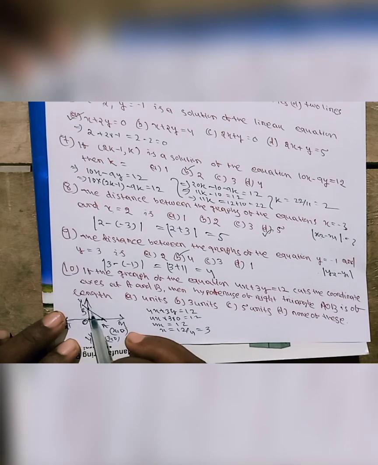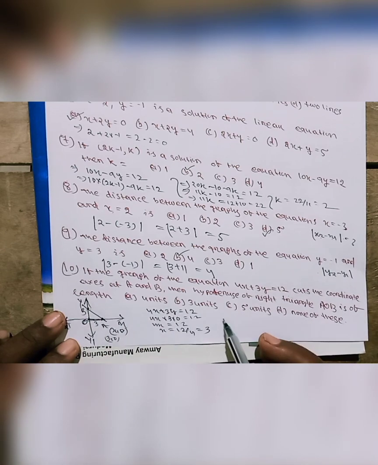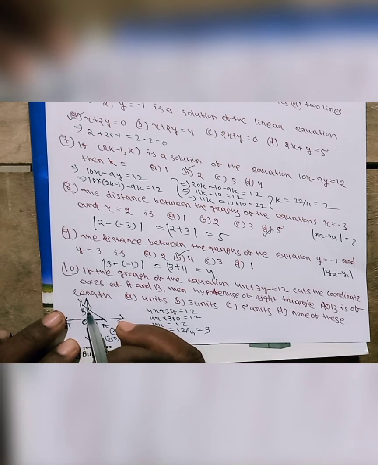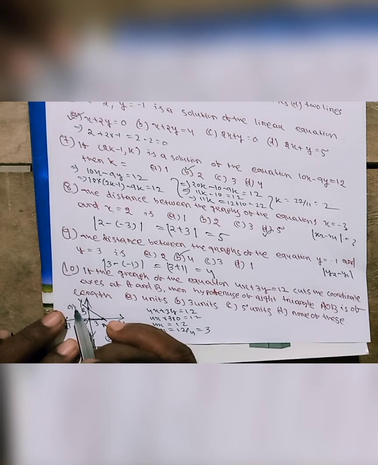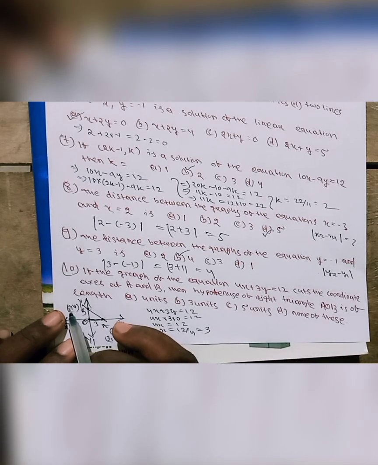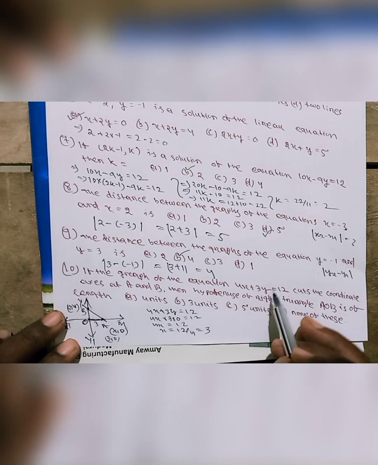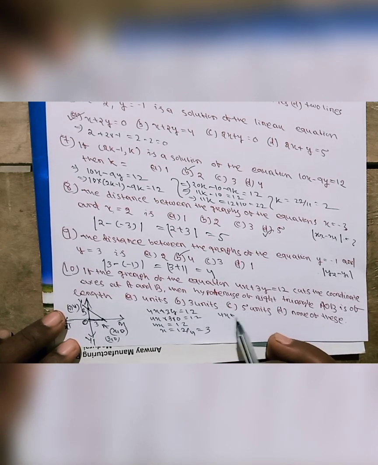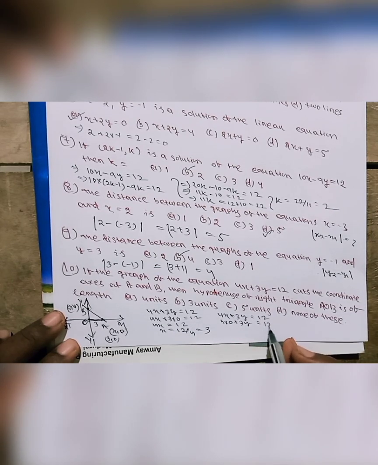Like this, the graph cuts the y axis at point B. The coordinate of a point on the y axis is 0, y. That means put 0 in place of x in the equation 4x plus 3y equals 12. 4 into 0 plus 3y equals 12, so 3y equals 12, y equals 12 by 3 equals 4.